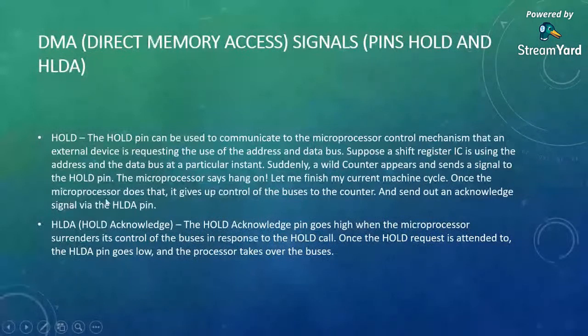Once the microprocessor does it, it gives up control of the bus and then sends out the acknowledge signal via the hold acknowledge pin. So the hold acknowledge pin goes high when the microprocessor surrenders its control of the bus in response to the hold call. Once the hold request is attended to, the hold acknowledge pin goes low, and the processor takes over the bus.